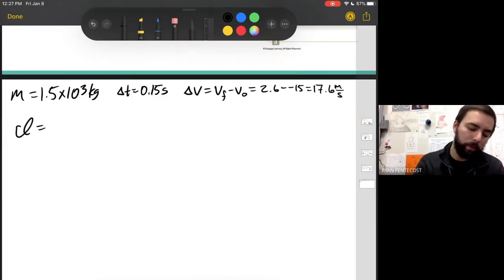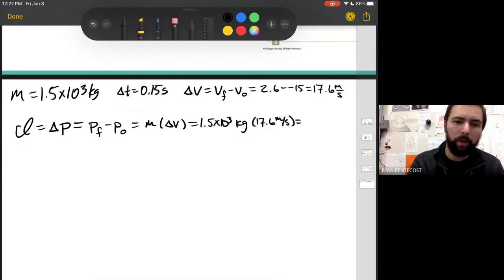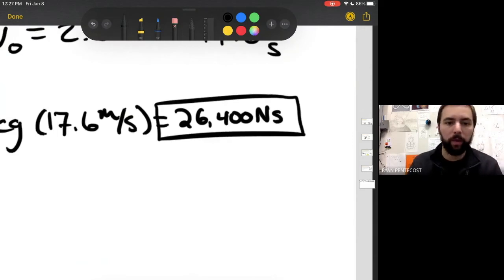To find impulse, we will use delta P, which is P final minus P naught, which would be mass times delta V. So we take 1.5 times 10 to the third kilograms times 17.6 meters per second, and that will give us 26,400 Newton seconds of impulse, or kilogram meters per second.